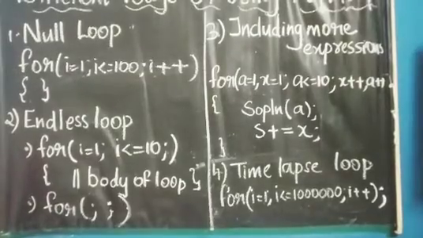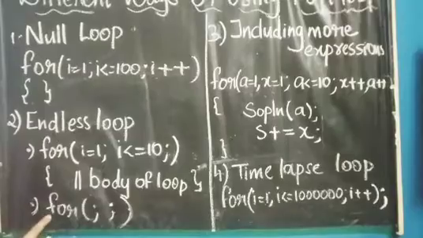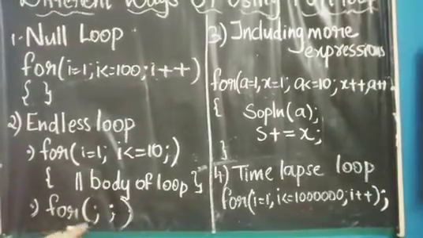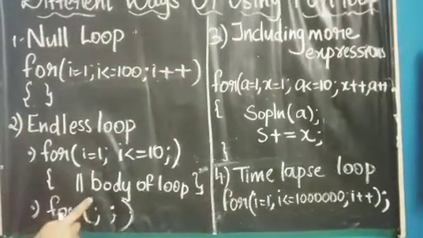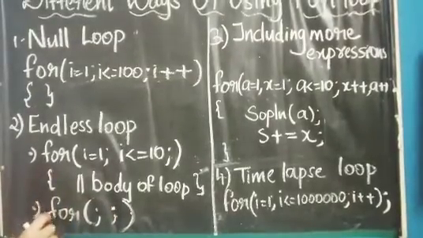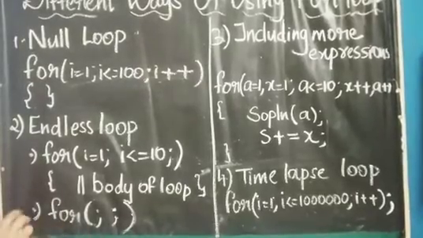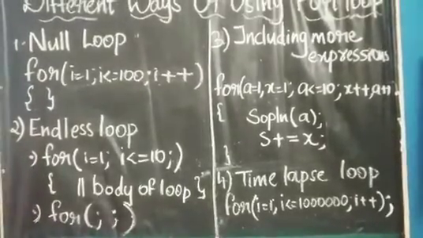That is known as an endless loop. Another way of writing an endless loop is for (;;), where inside the brackets you do not mention any initial value, condition or step value. When you mention it simply like this, it also gives you an endless loop.